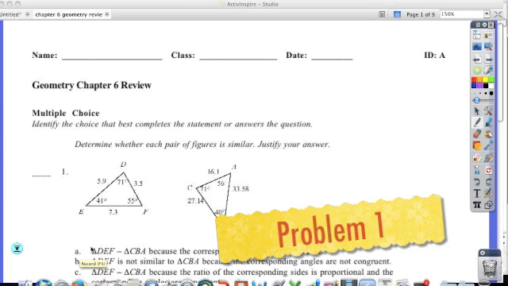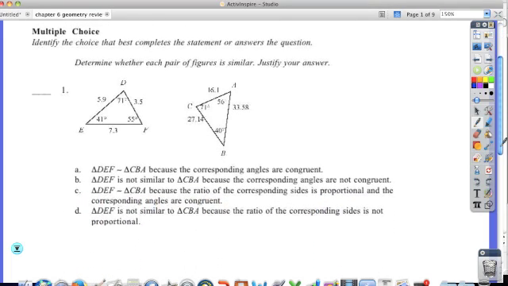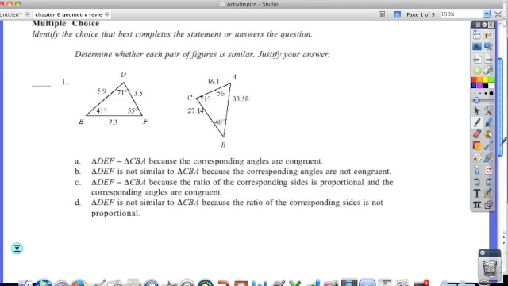Determine whether each pair of figures is similar. Justify your answer. Okay. Now, I think there's actually two correct answers here. I came up with B. Is that what they told you the answer is? Okay, guys, they're not similar.